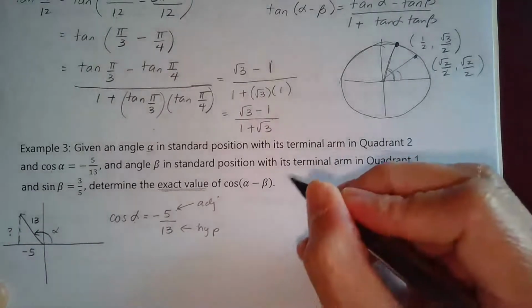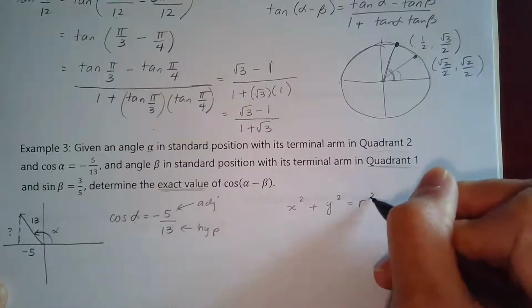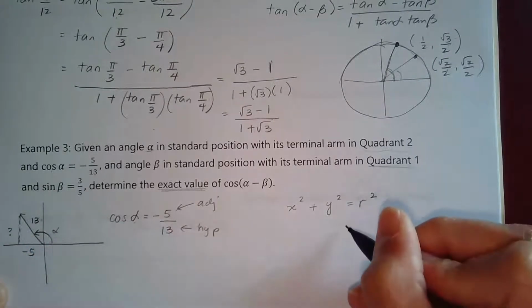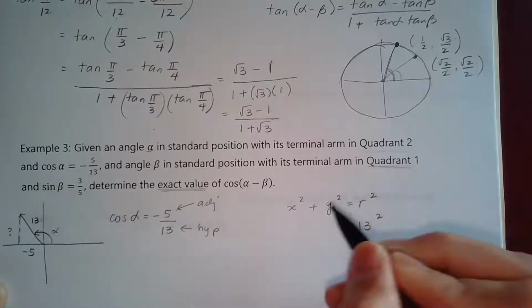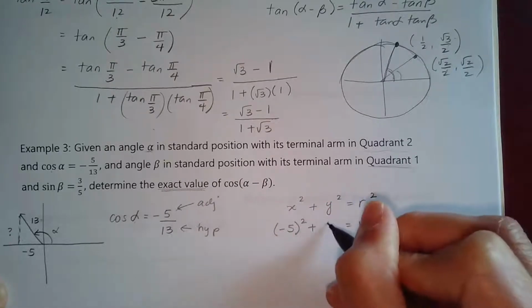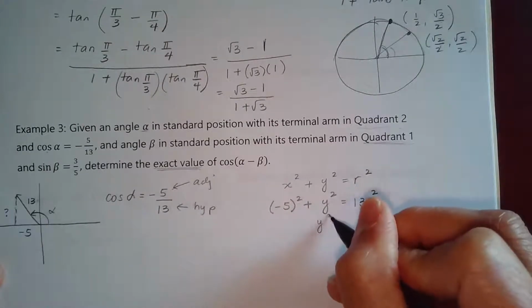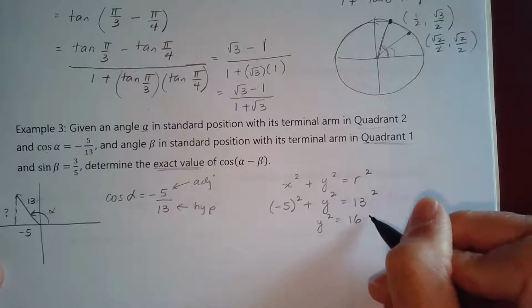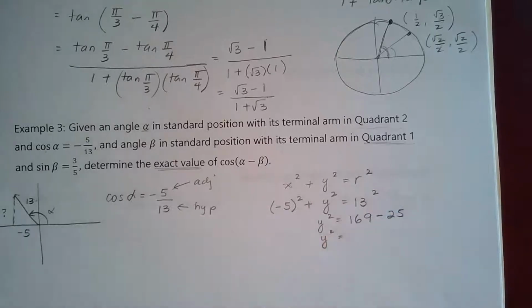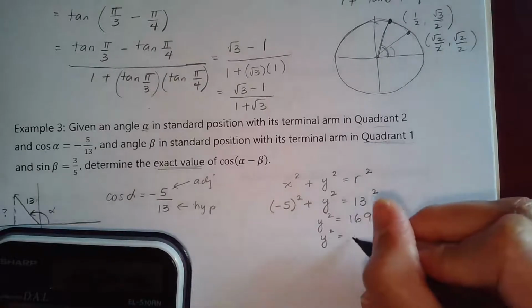Well, x squared plus y squared equals r squared. So r is 13, so 13 squared. X is negative 5, so negative 5 squared plus y squared. Let's work it out. So y squared equals 169 minus 25. So y squared is 144.